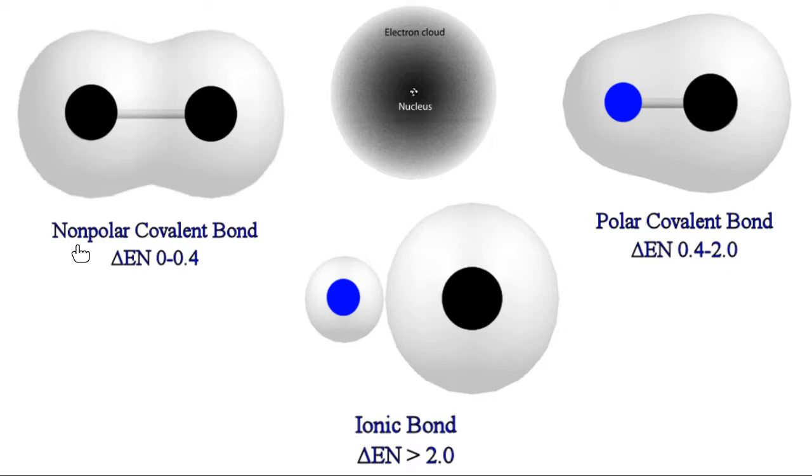So there's two ways I can ask you about electronegativities. Either I can tell you these things have really similar electronegativities, what kind of bonds are they going to form? Or these things have really different electronegativities, what kind of bond are they going to form? That's the first way I could ask the question.